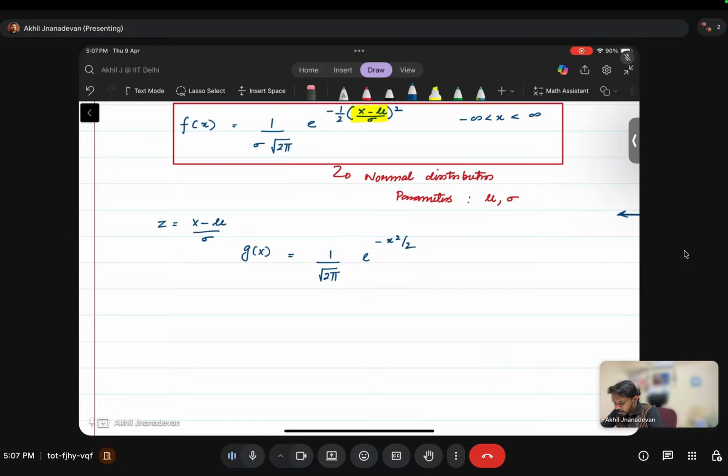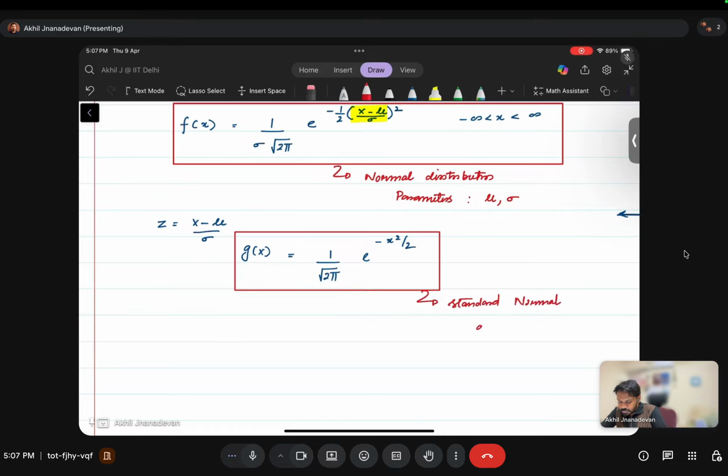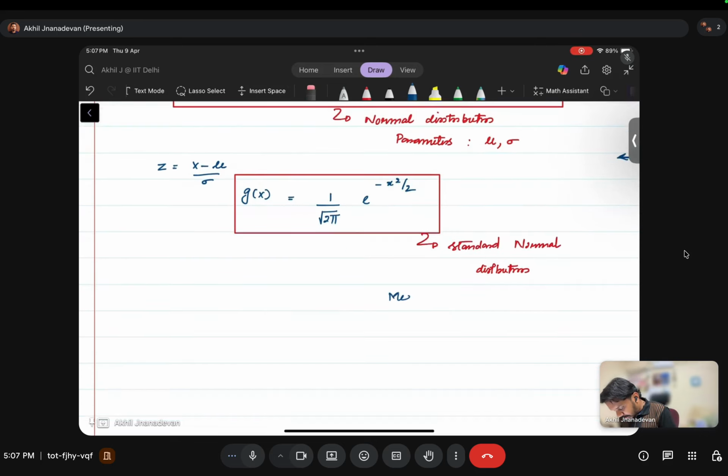So this is the formula for a standard normal distribution. The advantage of this is that when we do this, our mean mu becomes 0 and the standard deviation sigma becomes 1, right?